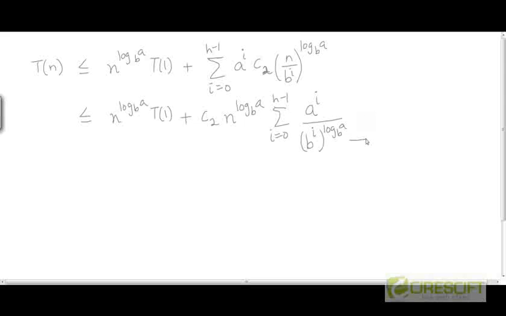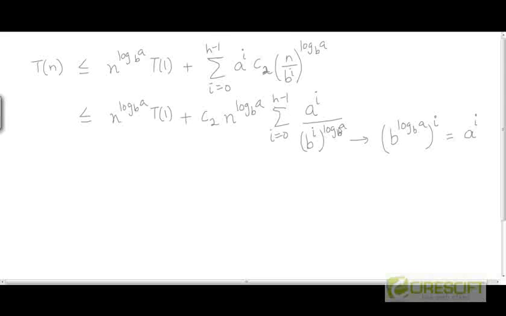So we will again simplify the denominator by switching the order of the powers. We can write this as b to the power log of b base a, and the whole thing raised to the power i. And this is nothing but a to the power i, because b raised to the power log of a base b is nothing but a.